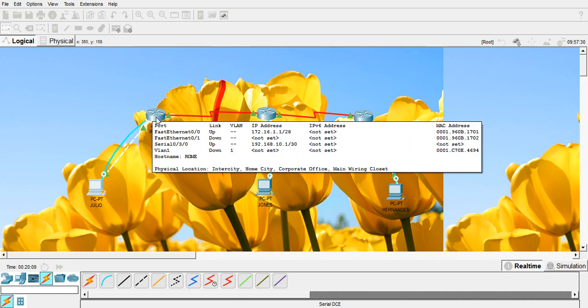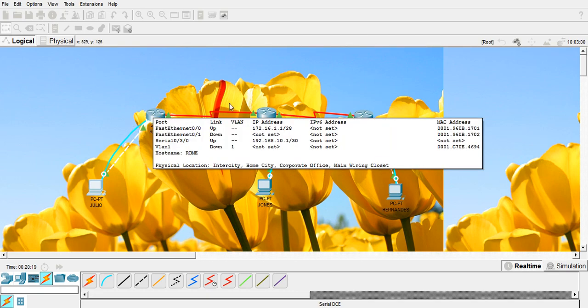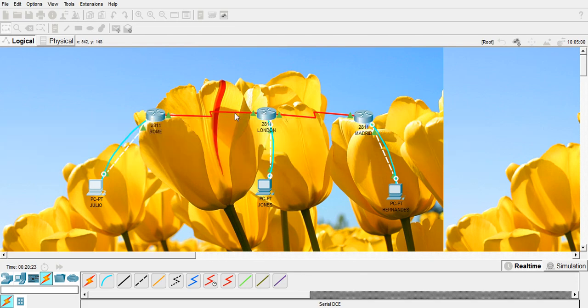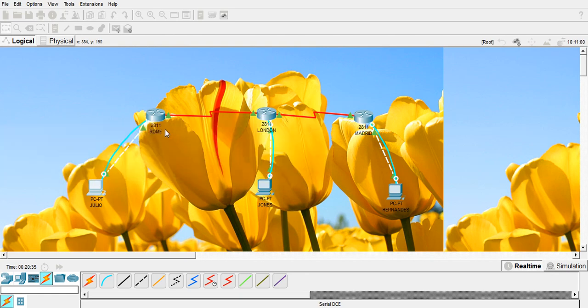For example, on this router, we told the router about this network and this network, but not this and this, because they are directly connected to this Rome router. Likewise, on this router, we told it about this network and the remote networks. We didn't tell it about this and this because they are directly connected to the London router. But in routing protocol configuration, it's the opposite.